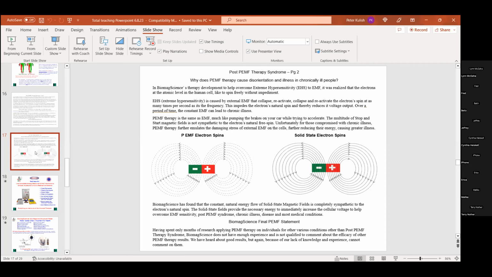Then you look at the PEMF electron spins, and they still have the same right rule and the same left rule, but they're not solid lines. They're little bursts of energy. And as each energy bursts, then it collapses, then it bursts again, then it collapses.